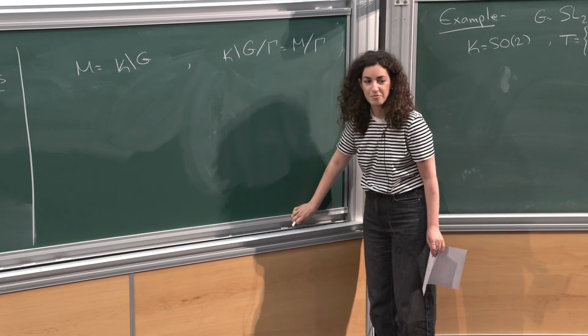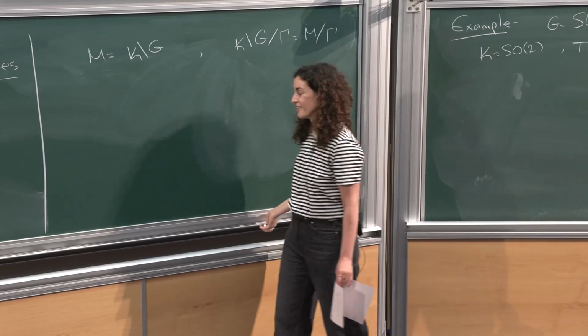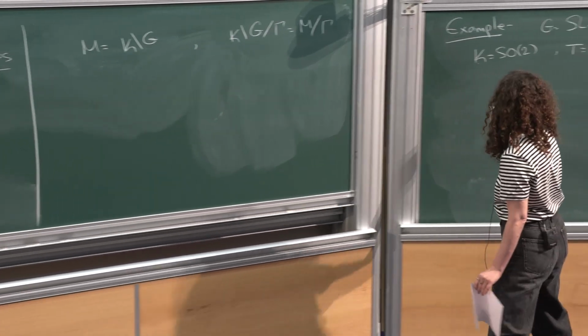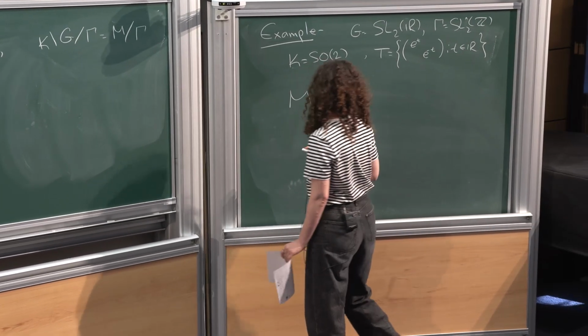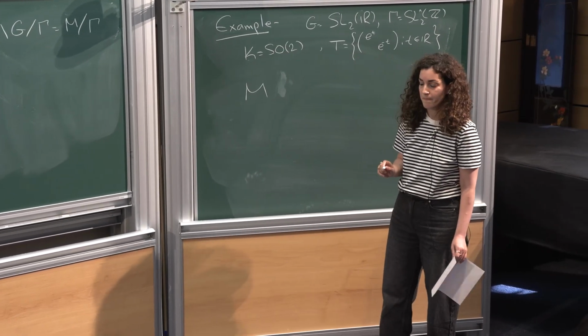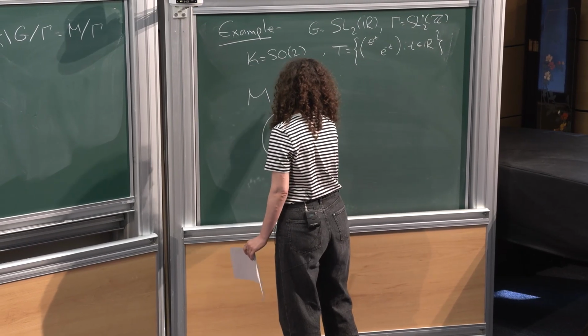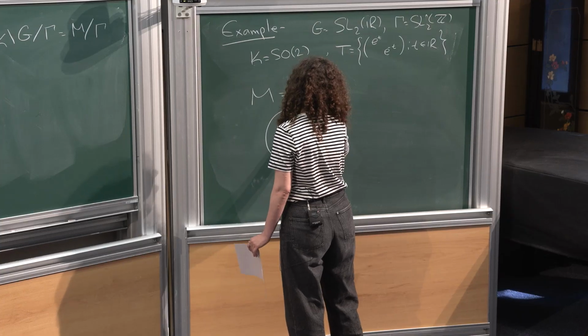Like in Shapira's talk, in Barbara's talk, you can think about M here as the unit disk, or the hyperbolic plane.